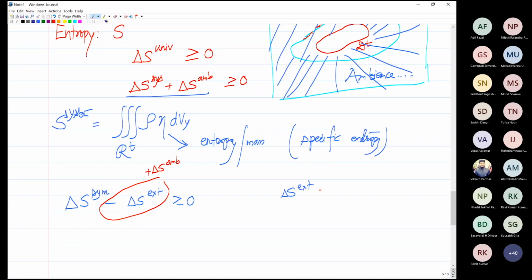Anyway, so what will be the entropy supplied? I think you all must have seen that the entropy is directly proportional to the heat, isn't it? The heat that is being supplied. So if you talk of delta S dot external, then you get it with a heat rate. And how is heat being supplied? It's through the surface as a heat flux, or through the source per unit mass that we have.